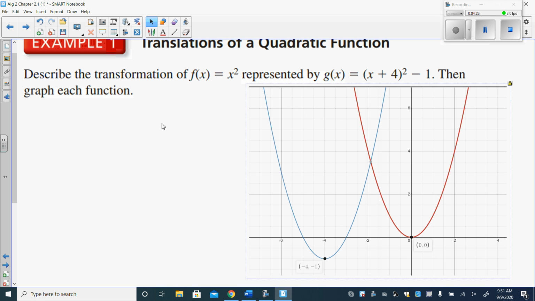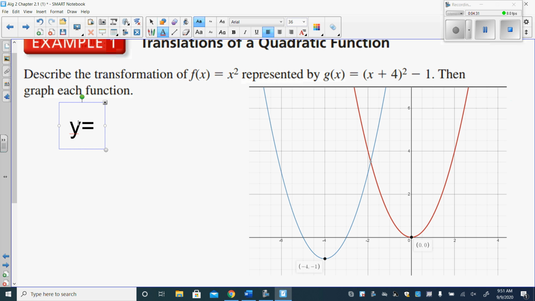And that's it. So on the homework, you're going to have to pick which is the correct graph. So I would use the graphing calculator and hit y equals on the graphing keyboard, and then type in for y sub 1, the first one, equals x squared.